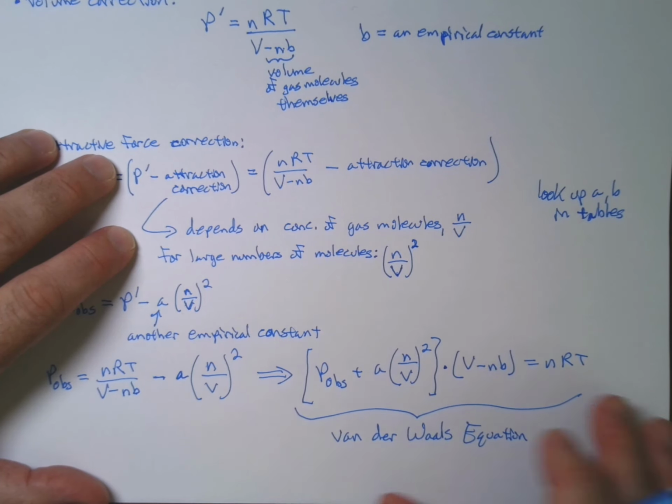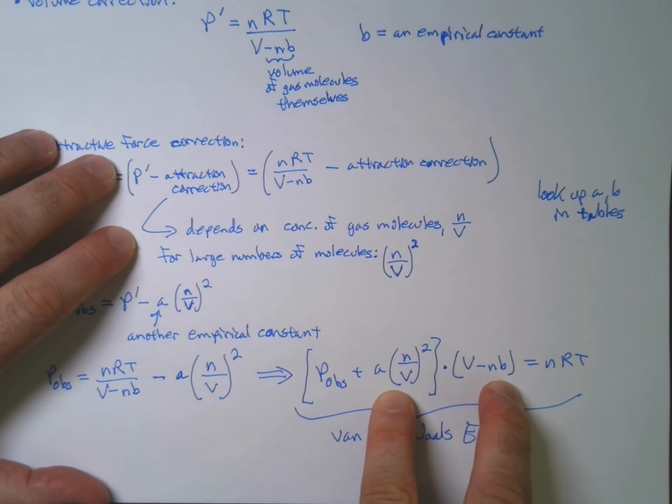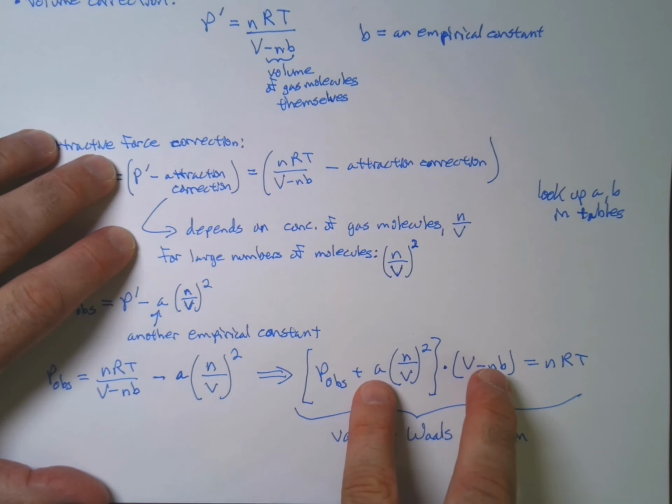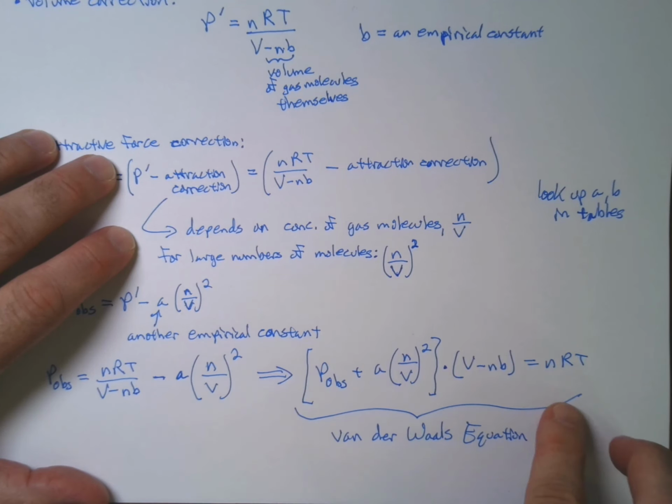So take-home message, here's the van der Waals equation for real gases, and you should understand what the two correction factors represent. And then it's nice if you can plug in a and b and use this as if it were the ideal gas law in doing stoichiometric calculations.